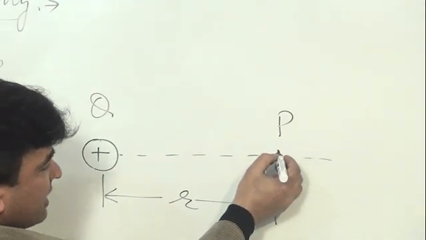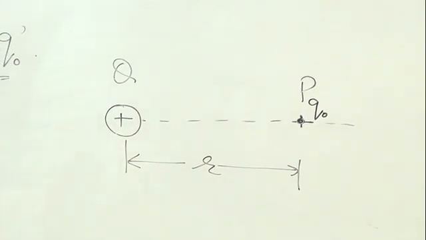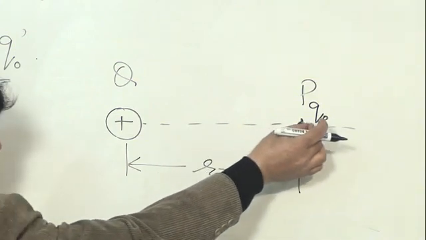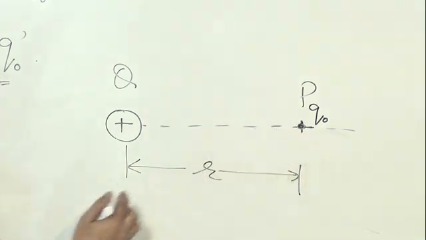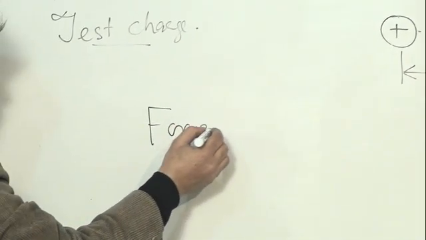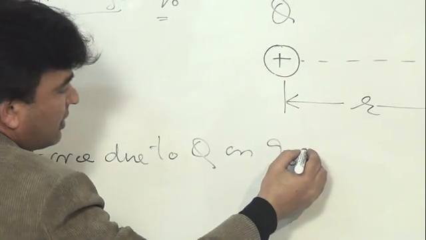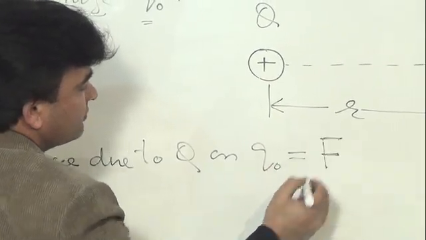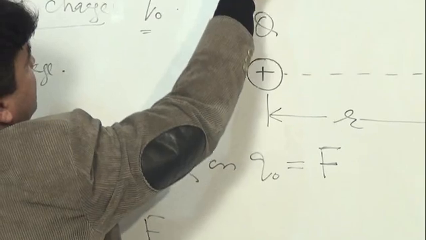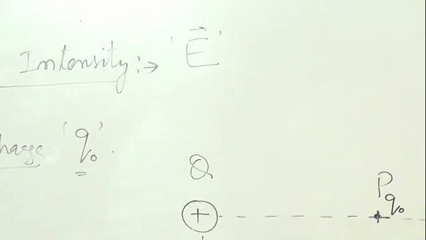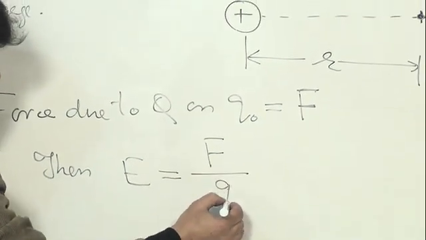For example, let us place a unit positive point charge Q naught at point P, then find the force experienced by Q naught due to the source charge Q. Let us suppose that the force due to Q on Q naught is represented by F. Then electric field intensity, represented by E, is equal to force experienced by the test charge divided by the test charge.